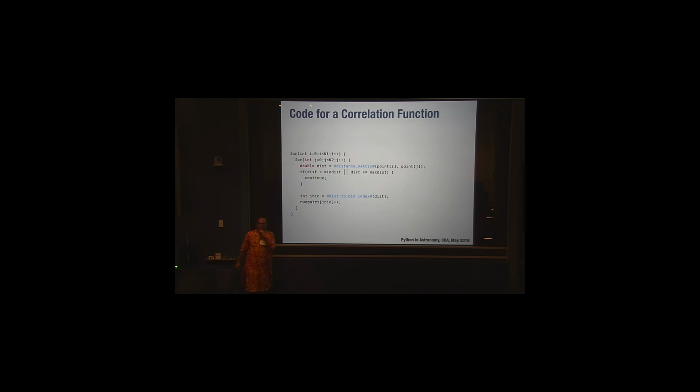The only 2 things, basically, that can change between users is your distance metric, which is how do you define your distance between 2 points, and how you bin. Given a pair of points at the separation, which bin it goes into. That's all.